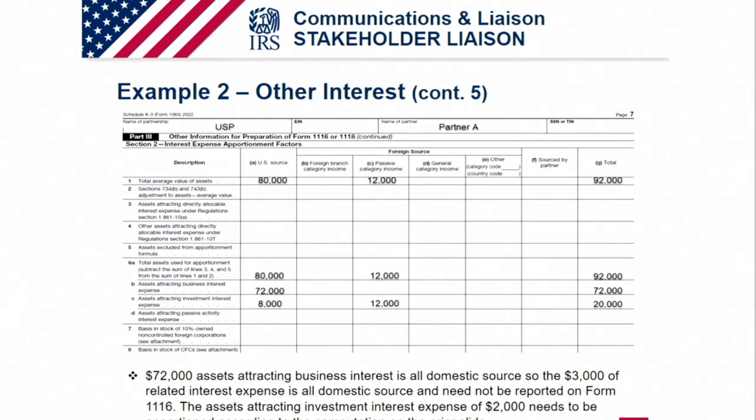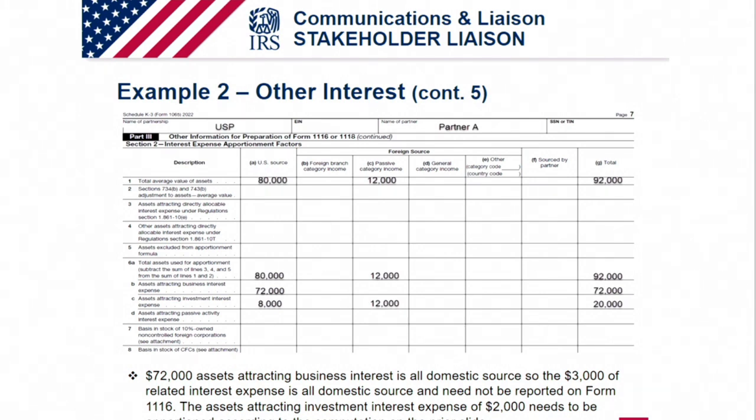Here on line 6A, we have the 80,000 for domestic source in column A, but we also have 12,000 in passive category of assets. And in total we have 92,000. There's 72,000 that generate domestic source income. There's 8,000 of these that generate domestic source income in the investment category.